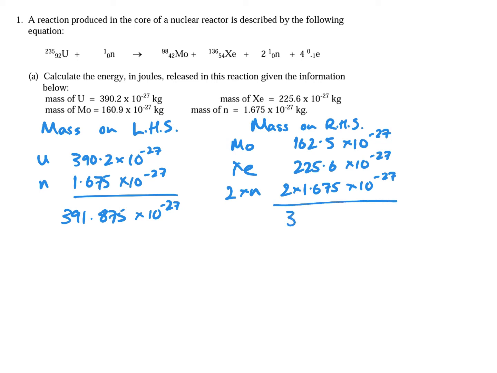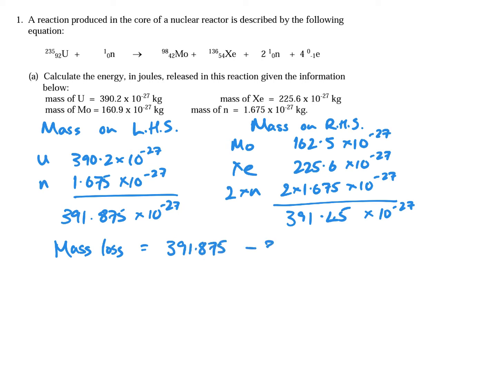Adding all that up. Okay. So the mass loss is the left hand side minus the right hand side.